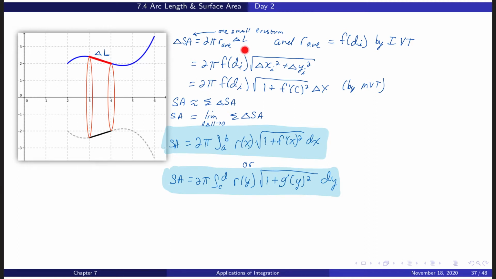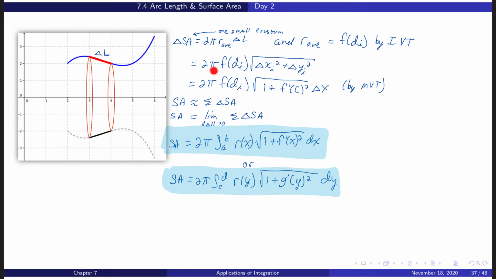So to start with the surface area formula, we're going to have to find the average radius, which is this f of d_i. Now, the intermediate value theorem says that there is a y value that represents the average between the big radius and the small radius. So we're temporarily just going to call that y value f of d_i. Some d input produces a y value that represents the average radius of this frustum.